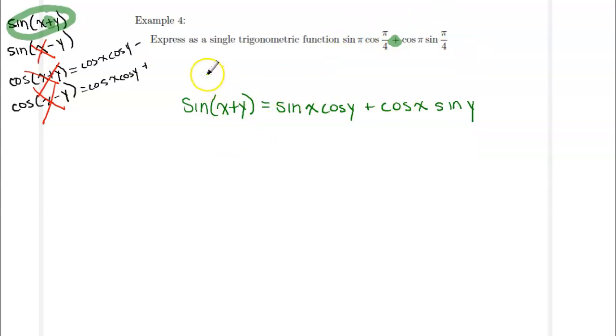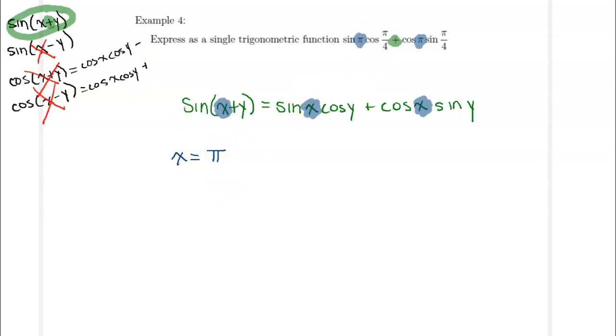Well, in my trig formula, I start off with my x. If those are my two x's, that matches with that and that right there, making my x be equal to pi.